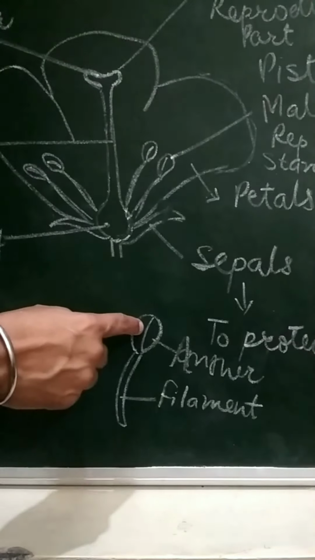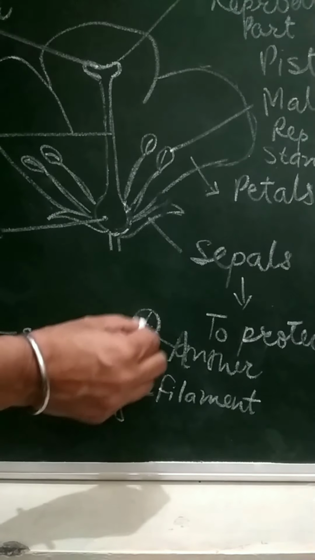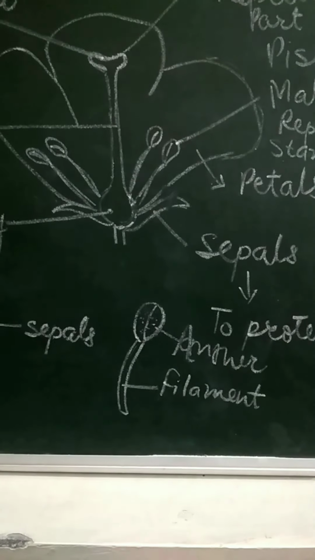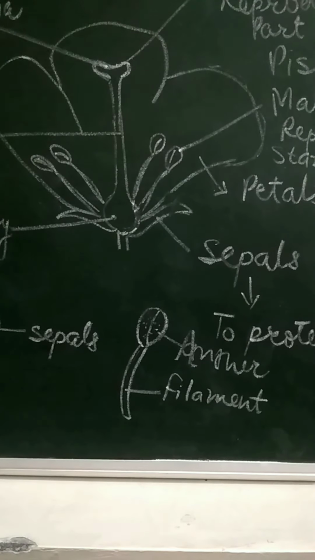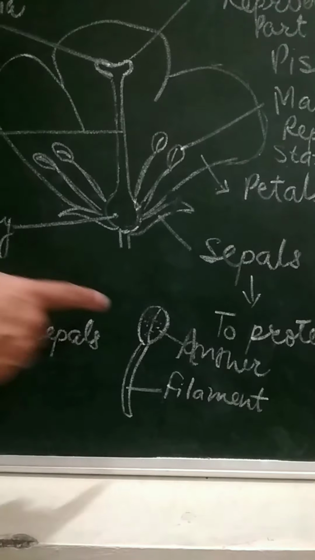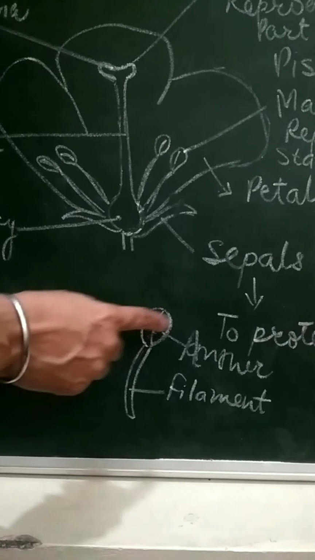This anther consists of yellow grain-like structures, which are termed as pollen grains. Pollen grains are carrying the male gamete. So the anther consists of pollen grains.